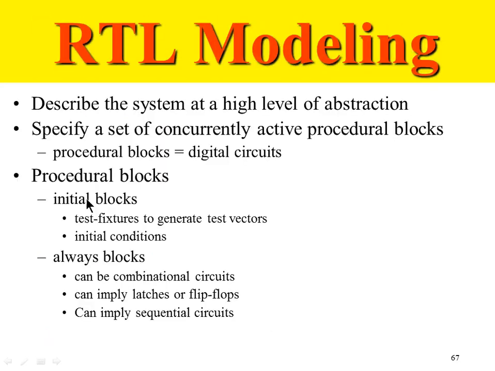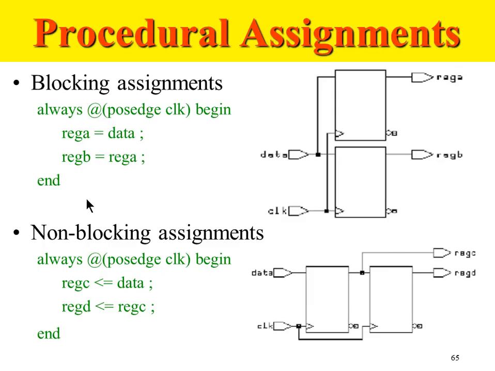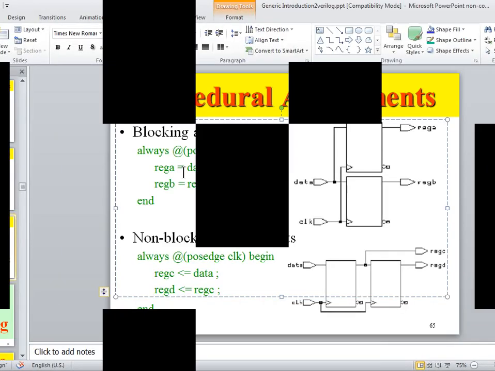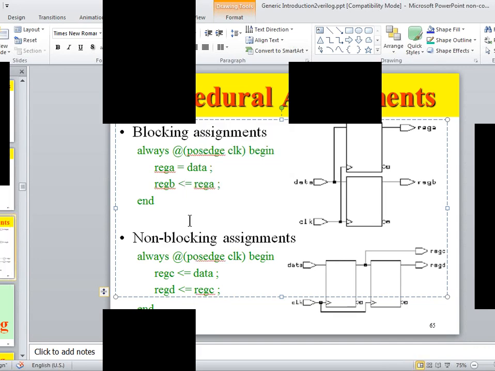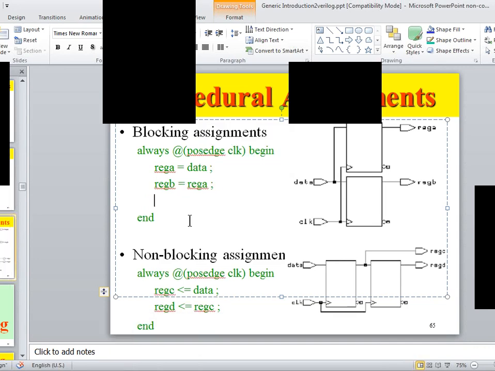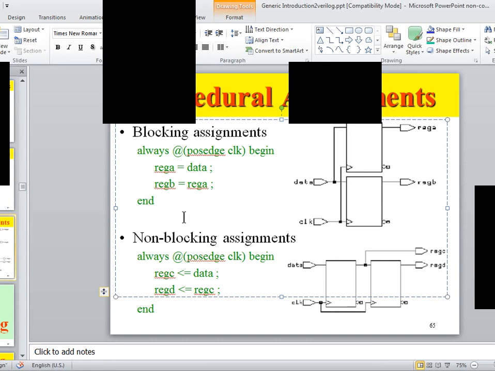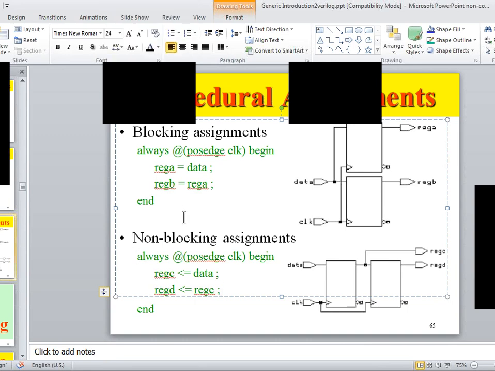But one of the rules that we will see later on, there is a slide that will come later, is one of the guidelines in Verilog. Let's say you have this always block, and this is non-blocking.